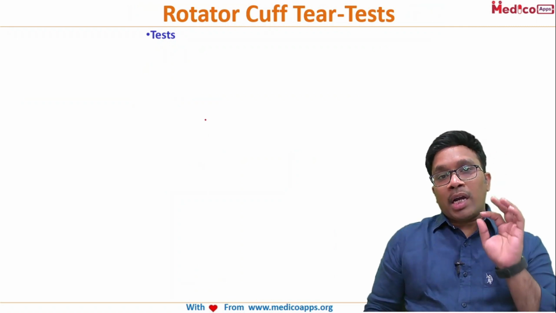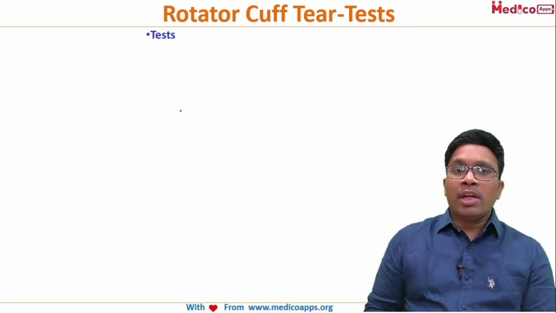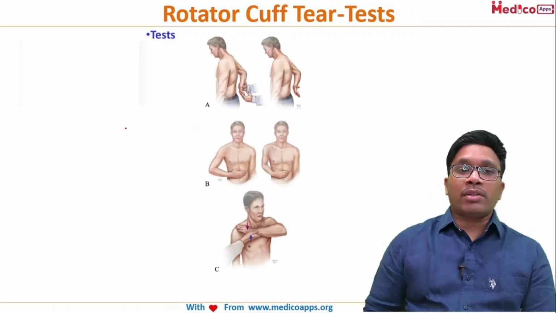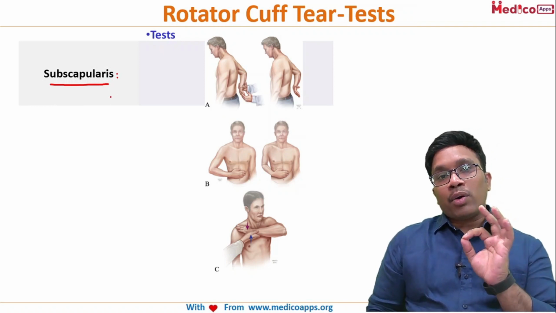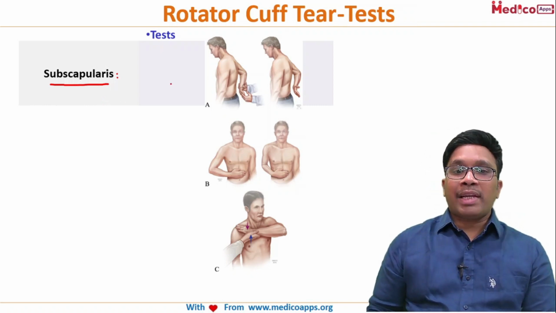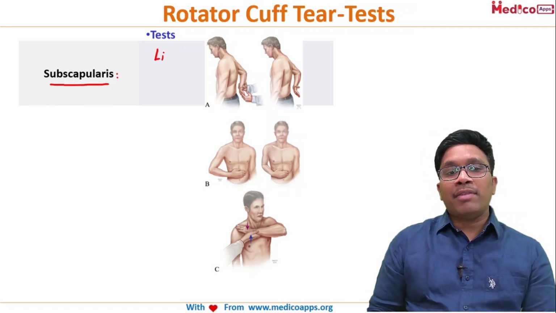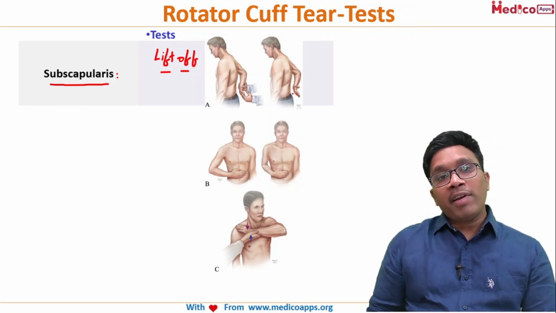Okay, so to know the tests of the muscle, you need to know the action of the muscle. You just need to resist the muscle action. For example, to test the subscapularis muscle, as we discussed, this is an internal rotator of the shoulder. Now these tests, for example, the first one is called the lift off test. The patient is asked to keep the palm over his back and lift the palm off his back.